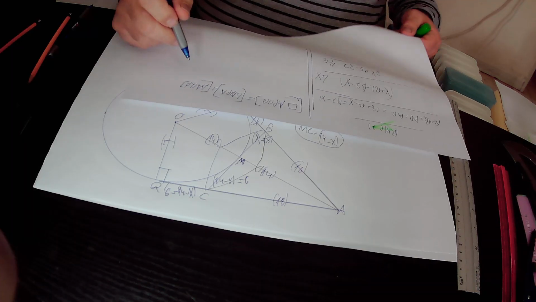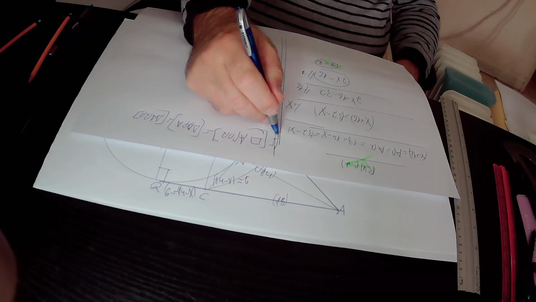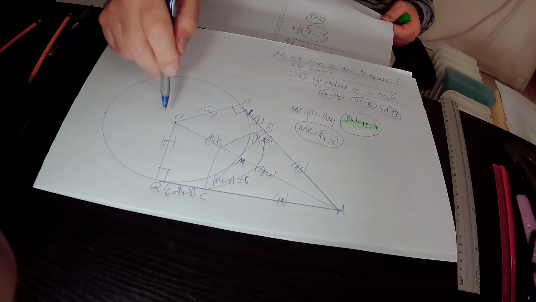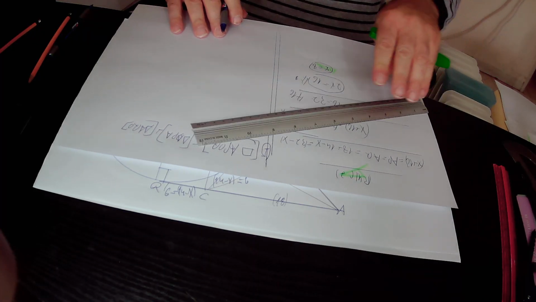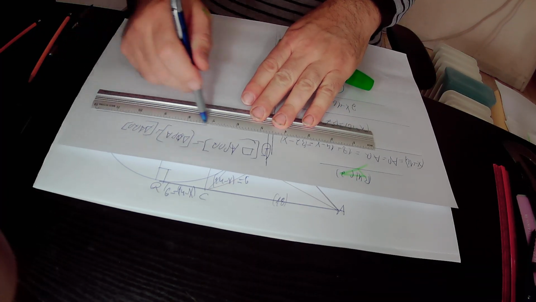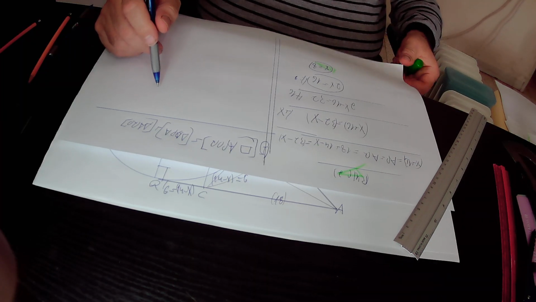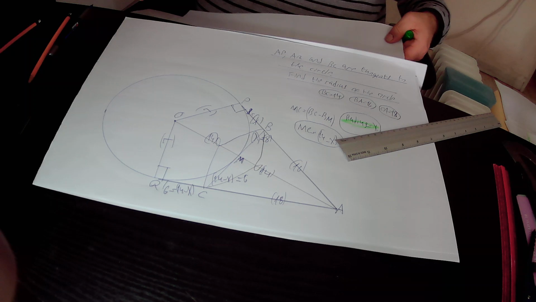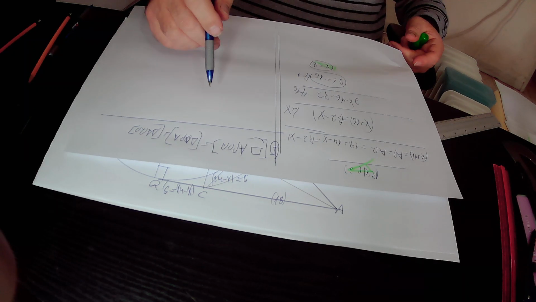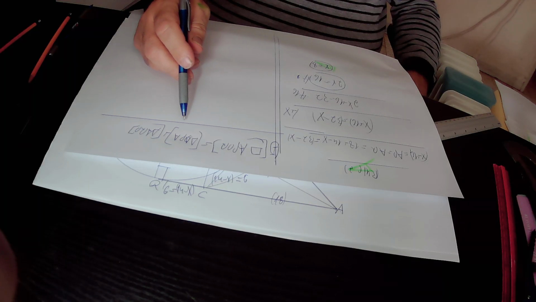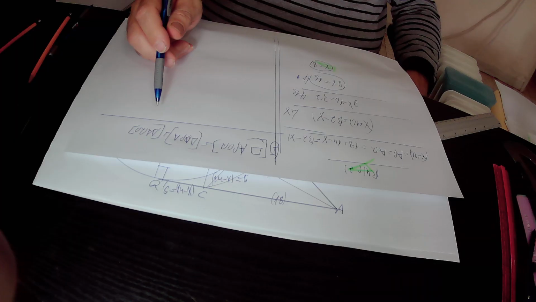So in total, the area of this big quadrilateral APOQ, according to the first method of calculation, must be equal to the sum of the areas of the two right triangles it consists of: the area of the upper right triangle OPA plus the area of the right triangle AQO.